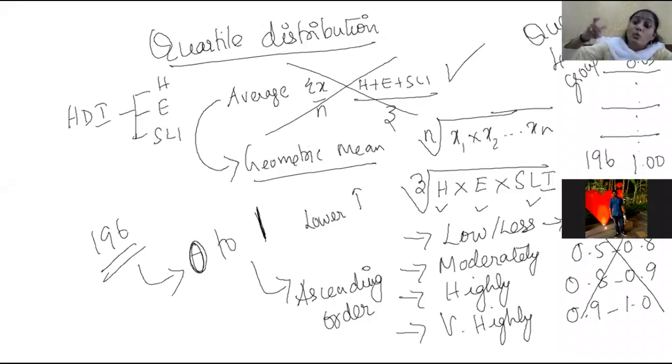That's why it's called quartile distribution. What is the 25th percentile and the 50th value in the distribution? So you have to do it as 1/4, then half, then 3/4, and then make the rest of it the very highly developed category.